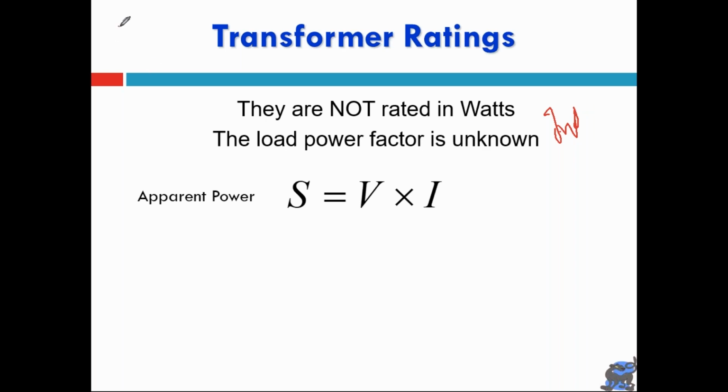We have three types of load, right? Resistive load, inductive load, and capacitive load. For a resistive load, we have unity power factor. What about inductive load and capacitive load? For an inductive load, we have a lagging power factor.